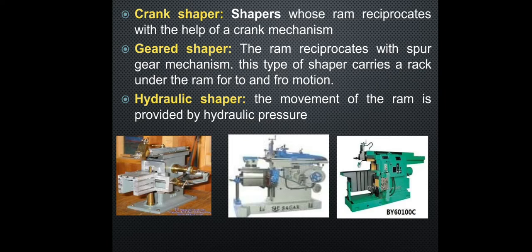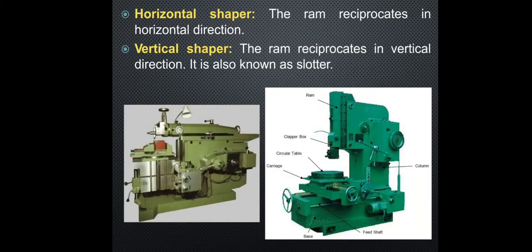These pictures show various types of shaper: crank shaper, geared shaper and hydraulic shaper. In a crank shaper the ram reciprocates with the help of a crank mechanism, and in a geared shaper the ram reciprocates with a spur gear mechanism. This type of shaper carries a rack under the ram for to and fro motion. In a hydraulic shaper, the movement of the ram is provided by hydraulic pressure.